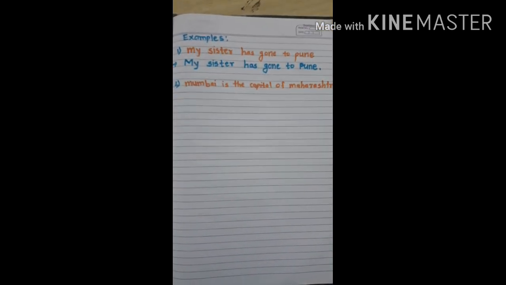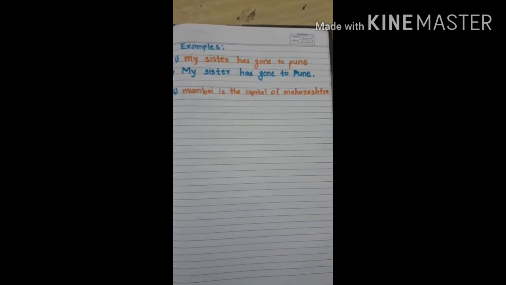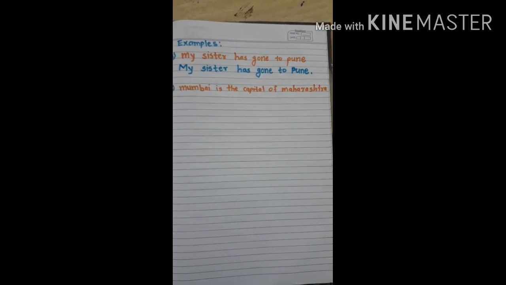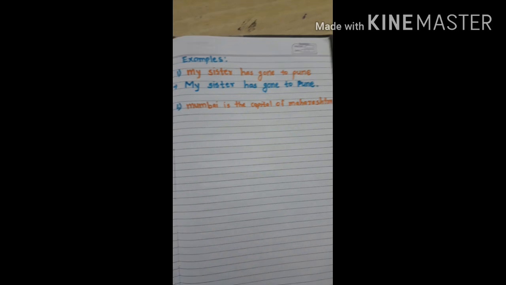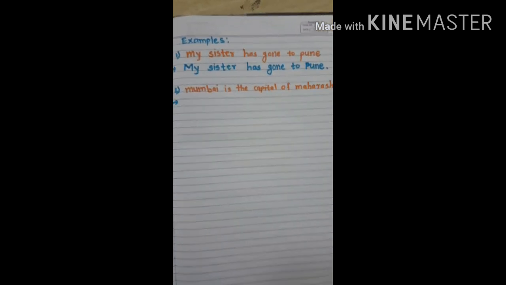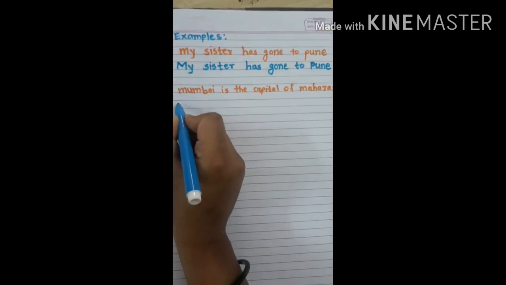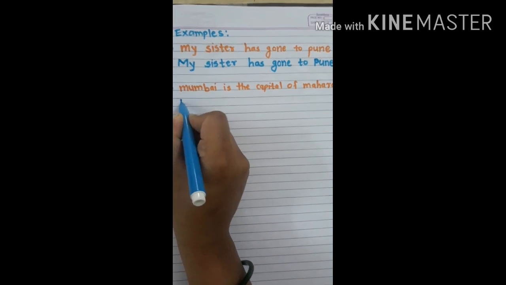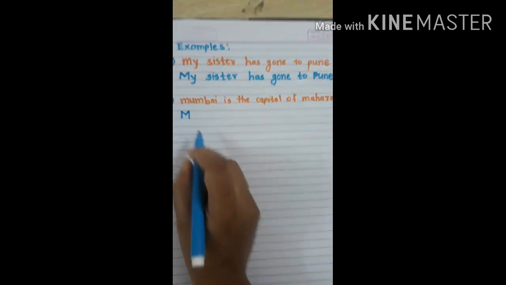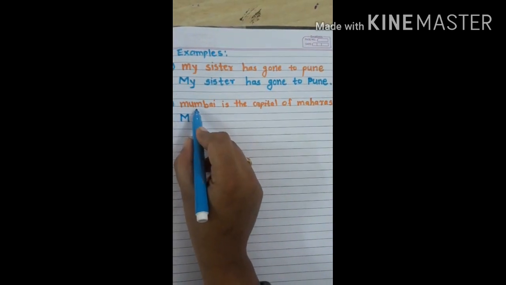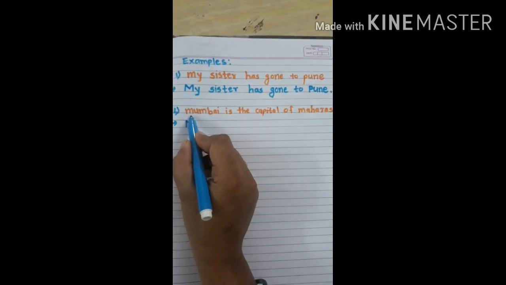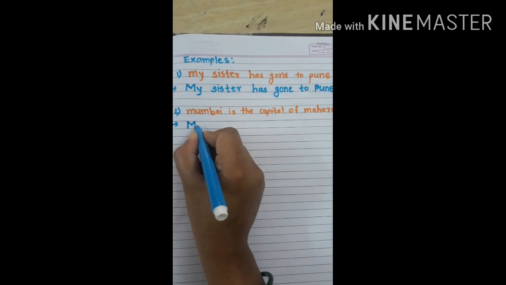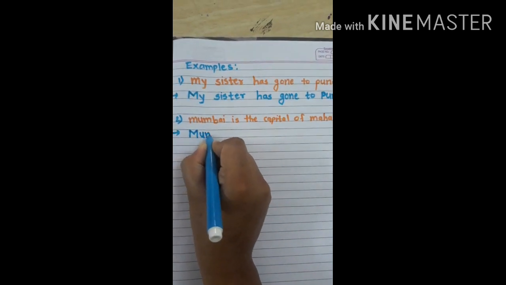Let us see the second example. Mumbai is the capital of Maharashtra. So let us start to punctuate the sentence. First letter will be capitalized. Children, here Mumbai is also a proper noun and the sentence also starts with Mumbai. So first letter will be capitalized.